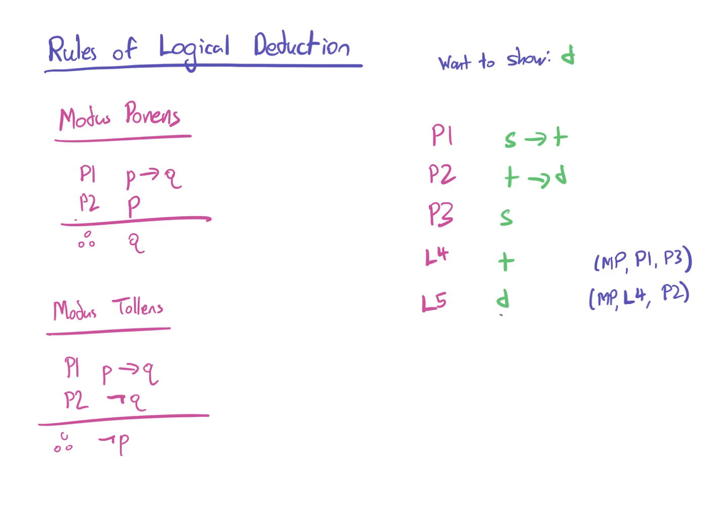And this is what I wanted. I wanted D, so now I'm done. So my logical deduction, the way for me to prove that premise 1, premise 2, and premise 3 imply D, is to use rules of logical deduction to get from this combination of premises down to the conclusion that I'm looking for.